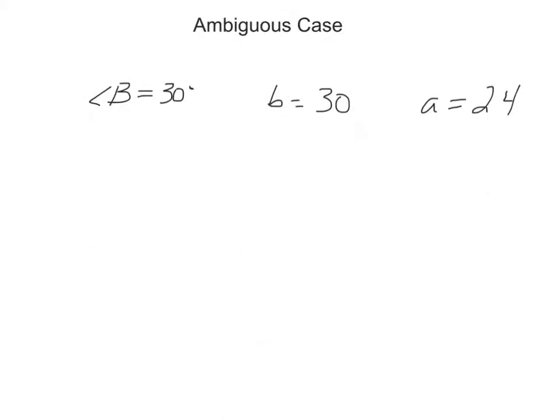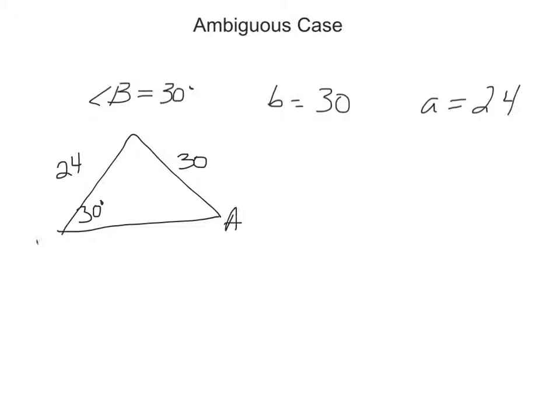Next case. We're still going to have 30 degrees for B. We're still going to have side length B as 30 units. But we're going to have side A be 24 units. So there's my A, my B, and my C. So we'll have sine of 30 degrees over 30 units is equal to sine of A over 24.